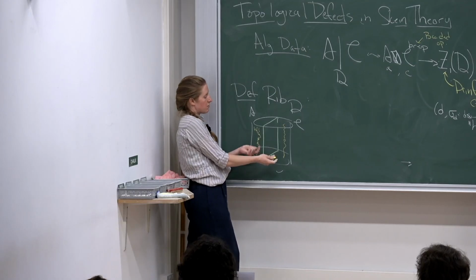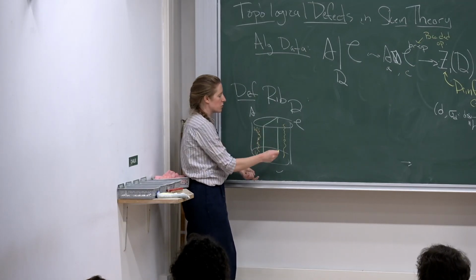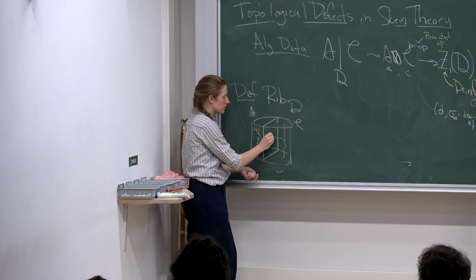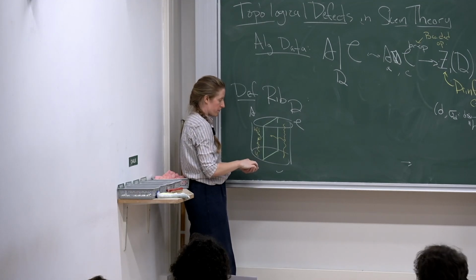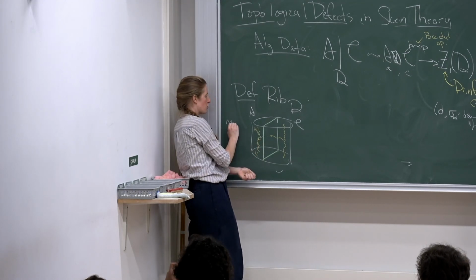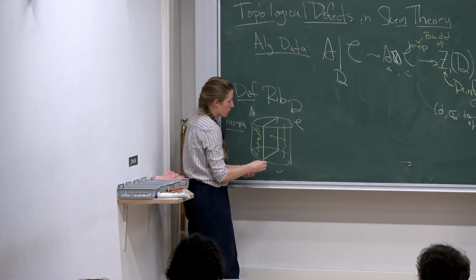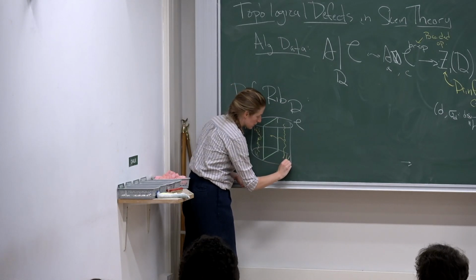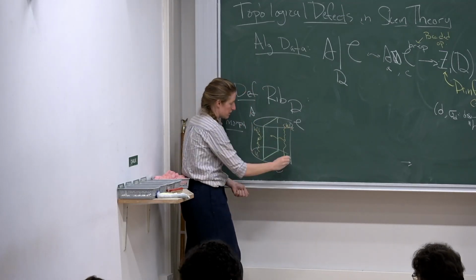But I want to have some interaction between these two theories. I don't want to just have two theories and an air gap between them. So what I need to do is allow these skeins to pass through the defect also. So I need to allow them to pass through here. So our morphisms are like this. And just as before, my objects are going to be things like this.